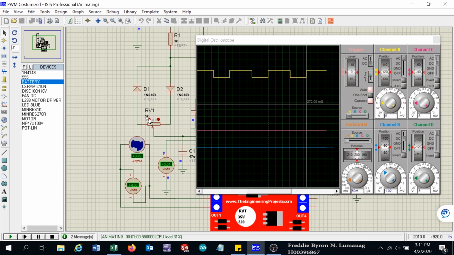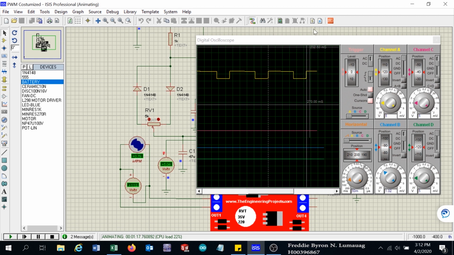So as I am varying the pulse width, the frequency is still constant, and therefore also the amplitude doesn't change. The amplitude is 5 volts as measured here by the voltmeter.